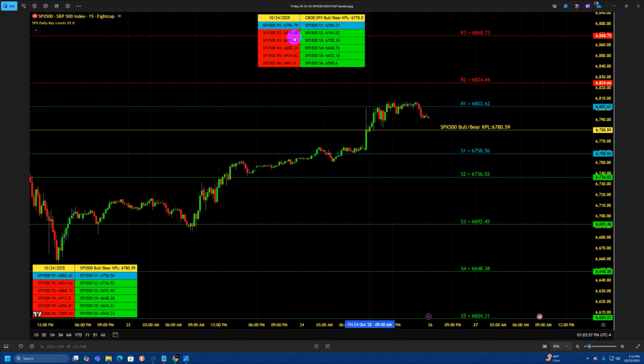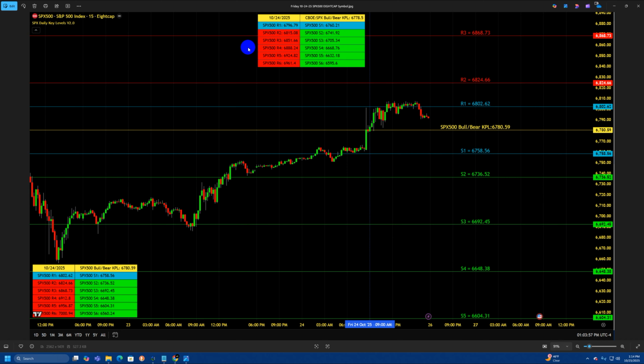At 9 a.m., which is marked off on this candle here, you will see the new levels for the session, and you'll get these two tables. This table is specifically for the symbol the chart is on, the SPX 500. The levels on the chart are for the SPX 500.